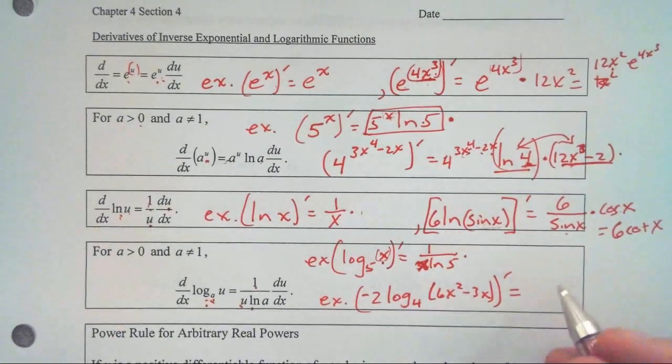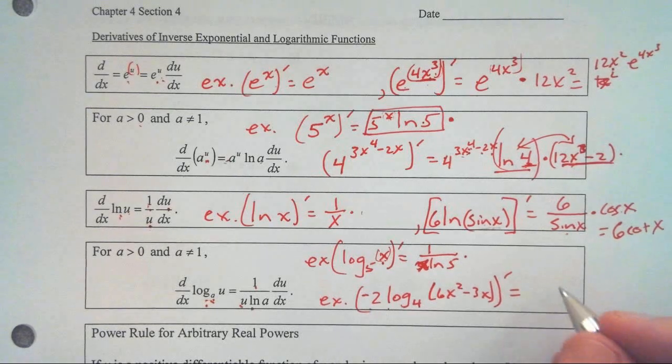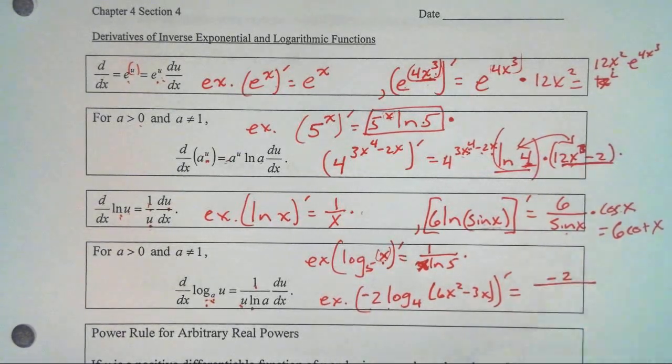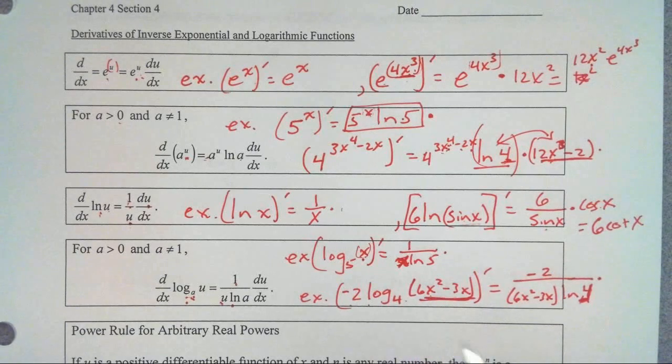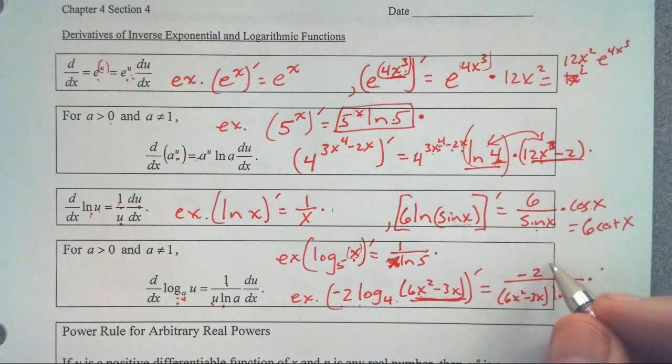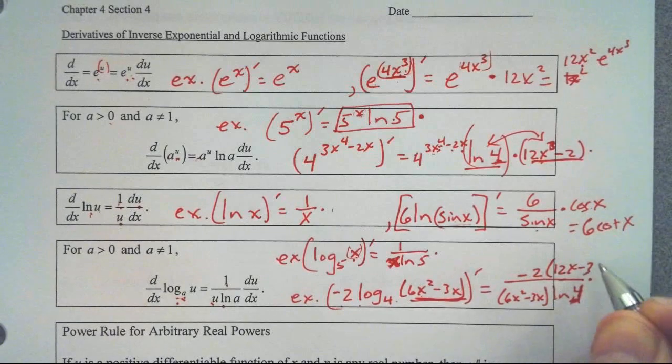Ooh, let's see if I've got room for this guy over here. Equals, well, we're going to have a -2 times, I know this guy's going to go in the denominator, 6x squared minus 3x times ln a, this was base 4, so that's ln 4, and then times the inside derivative, or the baby derivative, times, I'm going to put that in the numerator, 12x minus 3.